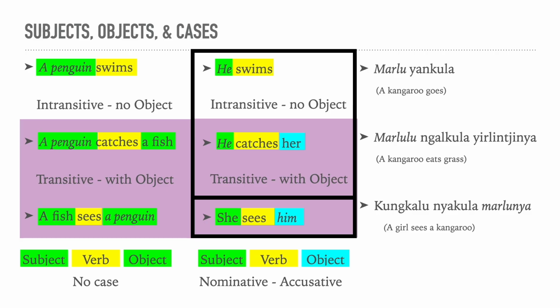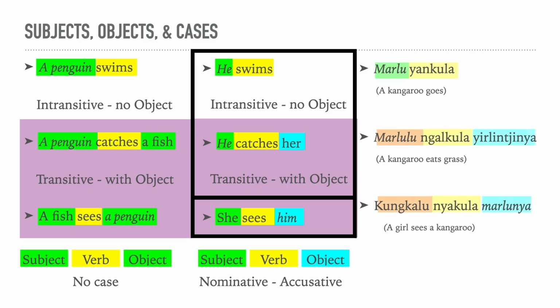We can see that the word that's italicized, marlu, is in each of these examples, but it has something different about it each time. The first time, this marlu is on its own, nothing added to marlu. In the second example, marlulu, there's a lu added at the end. And in the last example, marlunya, there's a nya added.